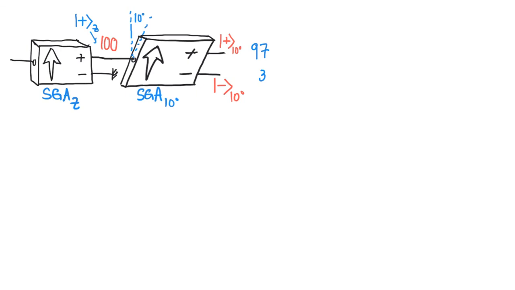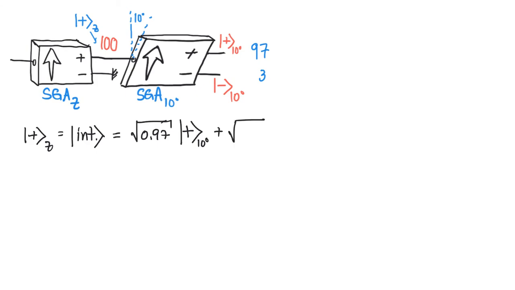We could say that this intermediate state, which is plus in the z direction, we could also write as the square root of 0.97 in the plus 10 state and the square root of 0.03 in the minus 10 degree state.